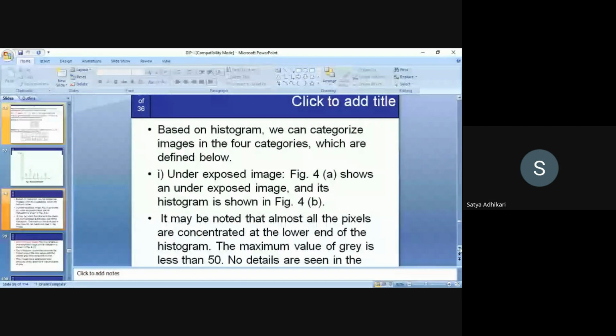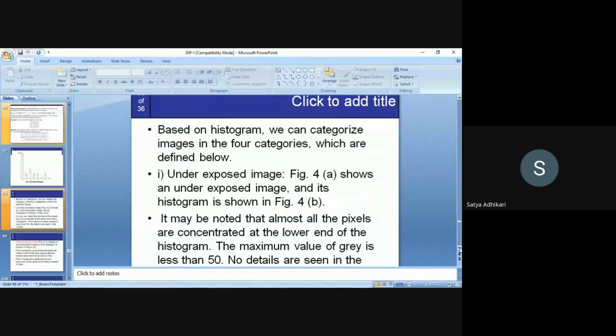Let us discuss why this histogram is used. Normalized histogram, general histogram, you see. Based upon the histogram, we can categorize an image into 4 categories. First, the underexposed image, and its histogram in 4B.